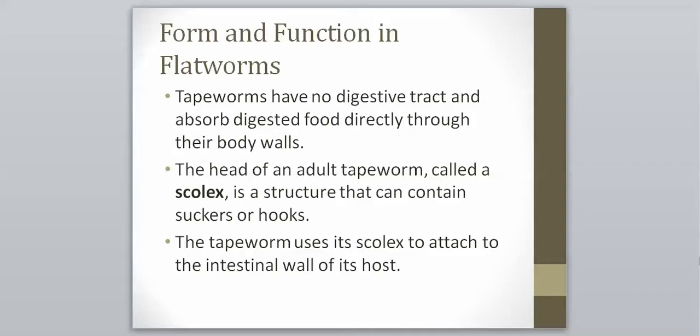One big feature that makes a tapeworm able to take this food directly from their host is that they have a head that's known as a scolex. This is a structure that contains suckers or hooks, and the tapeworm will use its scolex to attach to the intestinal wall of its host. So it has a big nasty mouth basically filled with these suckers and hooks that allow it to attach to its host.